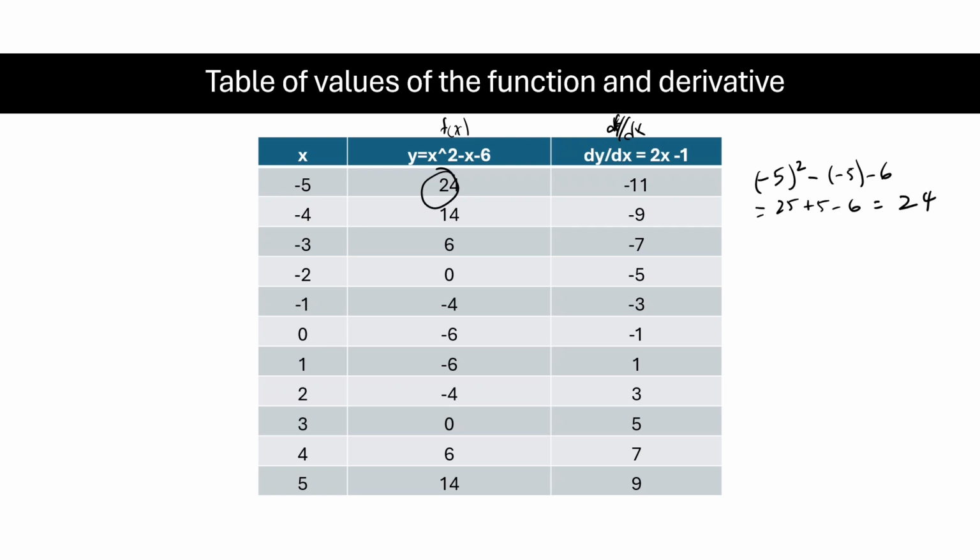Now let's check the df dx. We've got 2 times minus 5 minus 1, that's minus 10 minus 1, which is minus 11. So these two checked out. I'm not going to go through each individual one of those; you can do that. But I do want to plot them next, so that we gain some understanding of how they function.